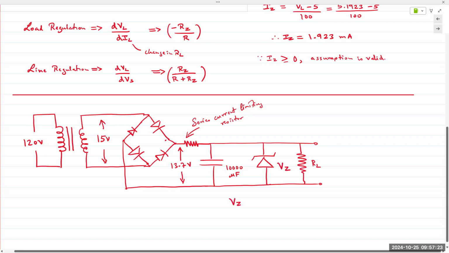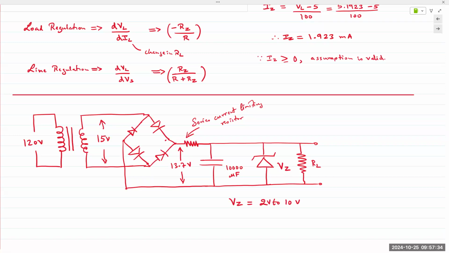And VZ would go anywhere between 2 to 10 volts. 10 volts might be a stretch depending on the values of RL and the value of the series resistor, but it definitely would work for anywhere between 2 to 7, 2 to 8 volts, because our input voltage coming from the bridge rectifier is sufficiently large enough.